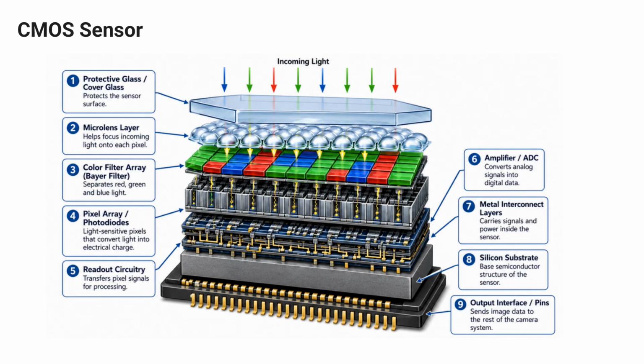The readout circuitry transfers these signals, while the amplifier and analog-to-digital converter turn them into digital data. Internal metal layers carry power and signals through the sensor, and the silicon substrate provides the main semiconductor structure. Finally, the output pins send the image data to the camera processor, where it becomes the digital image we see.